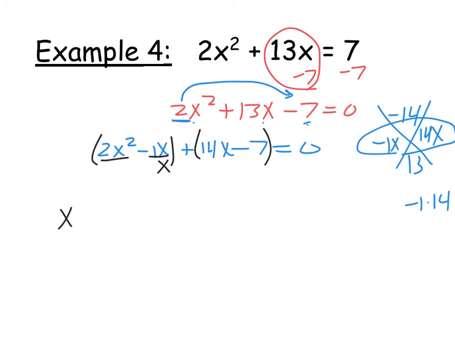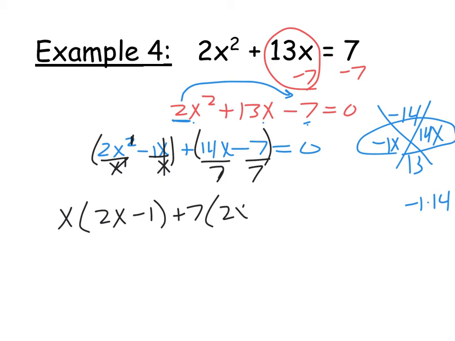So dividing these both by x, I'm going to end up with 2x. Here the x's cancel out and I'm left with a negative 1. Here it looks like I can take out a 7. 14 divided by 7 is 2, so that's going to be a 2x. And negative 7 divided by 7 is negative 1.